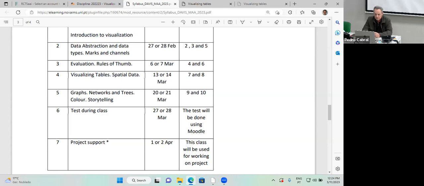This is a group project, so I really believe that writing down the questions, 3, 4, 5 questions you want to ask your data set, is important. Then for each question, figure out the best option in terms of visualization to answer that question.